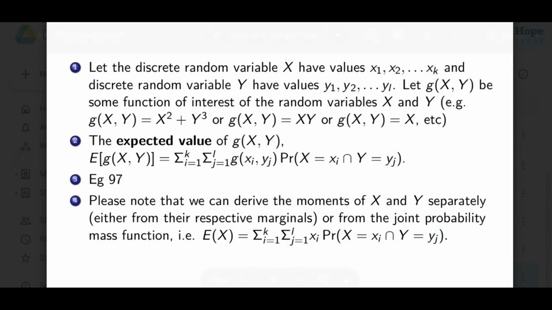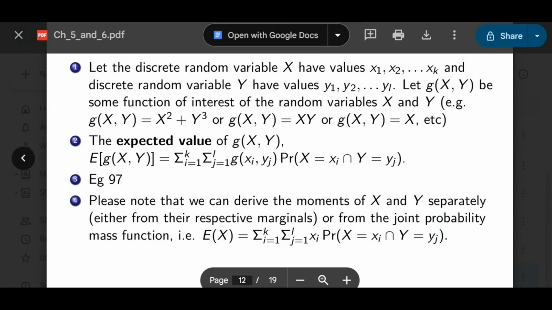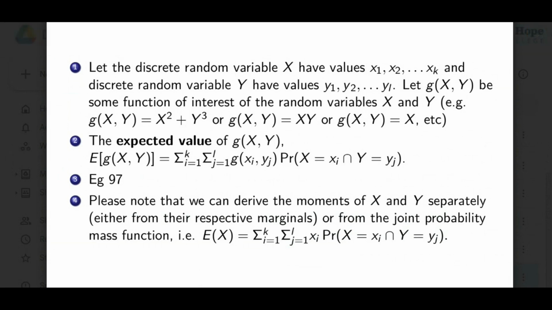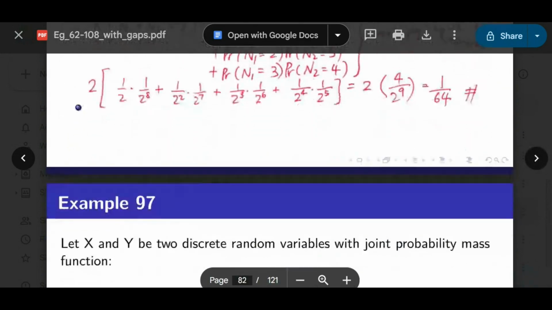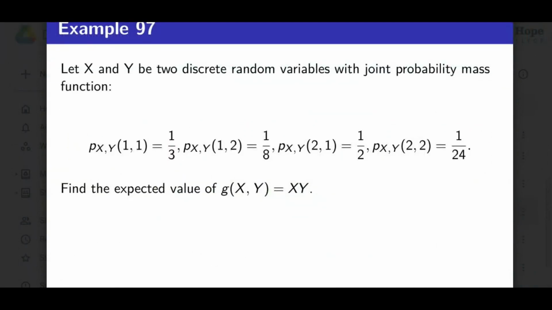It does. All right, so we'll end today with one last example. Example 97. And this is, again, quite a simple one. Here's a joint. Okay, find the expected value of xy.